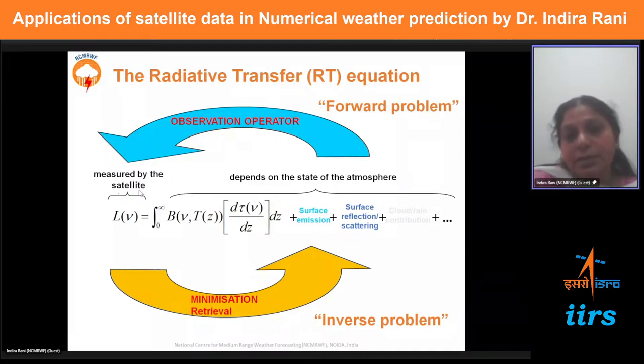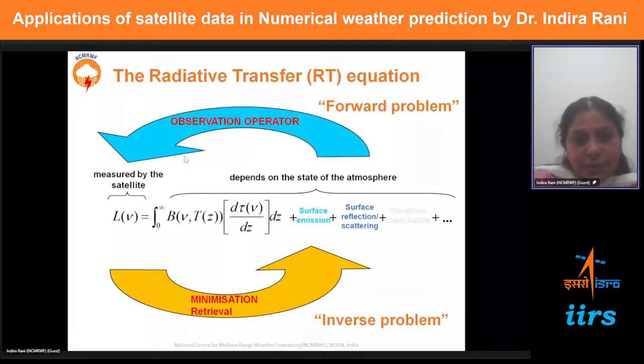So why is this important? Before assimilation, we have to compare the model state and the observed state, and compute the O minus B value. If the O minus B is higher than a specified value, we cannot assimilate those observations in the NWP system.